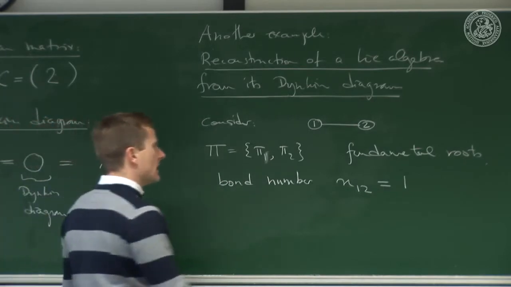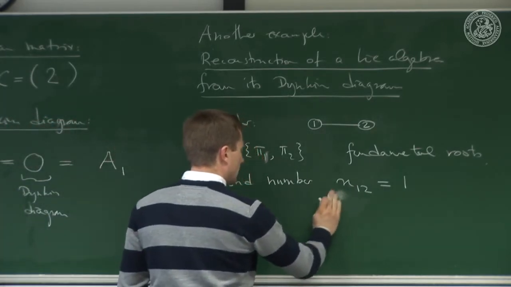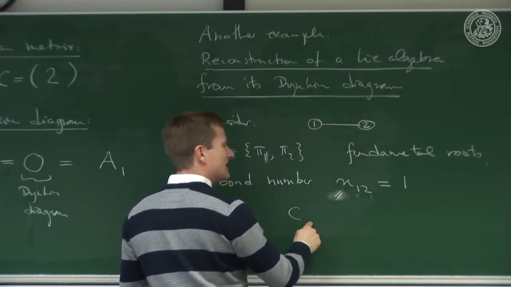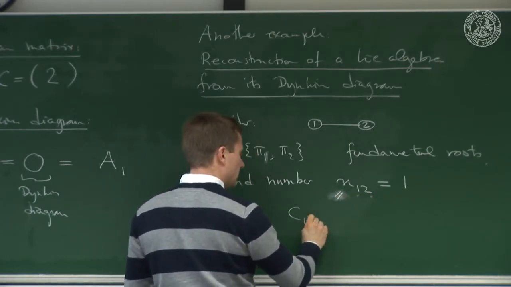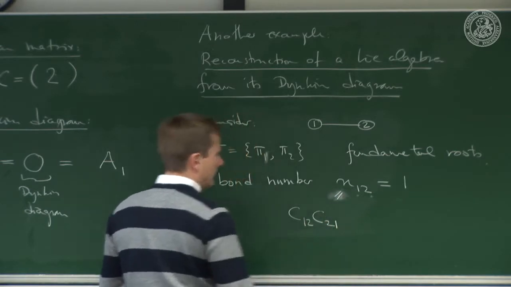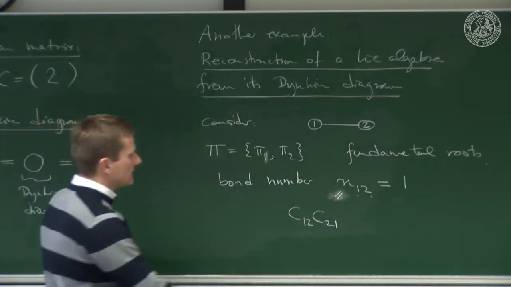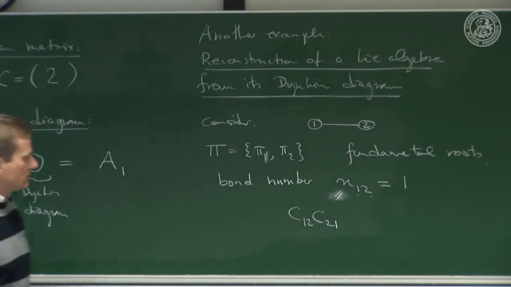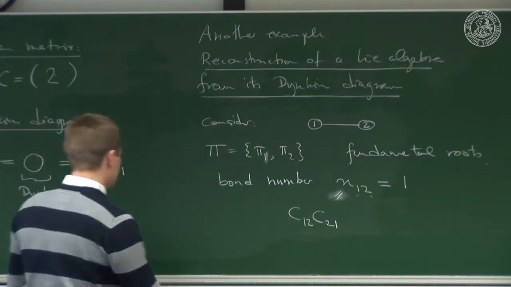Now what's the bond number? Well, if you remember, the bond number Nij was Cij times Cji. So C1,2 times C2,1. And be careful, the Cartan matrix entries are not symmetric.